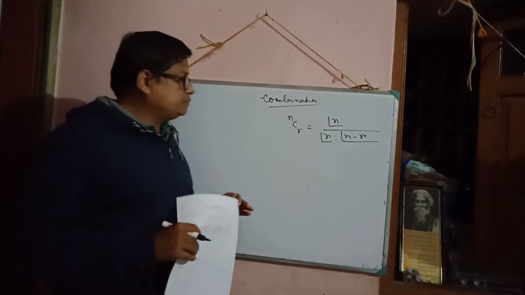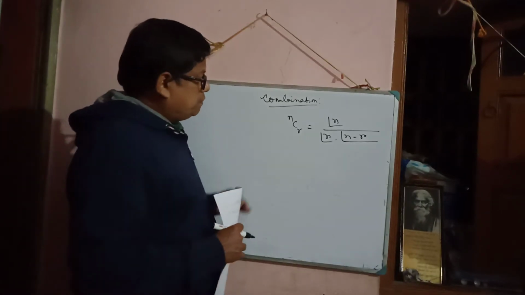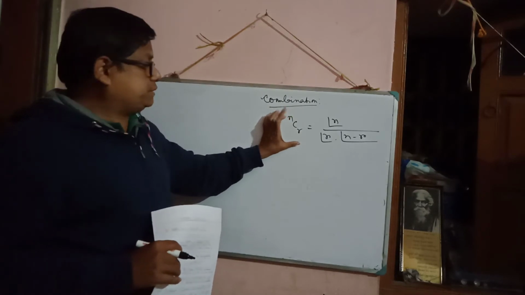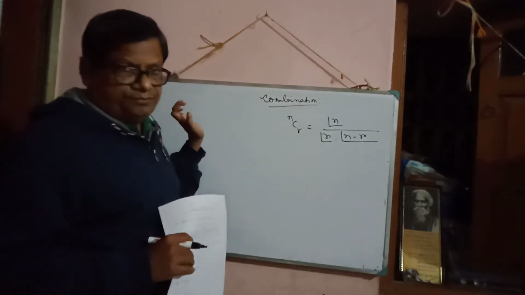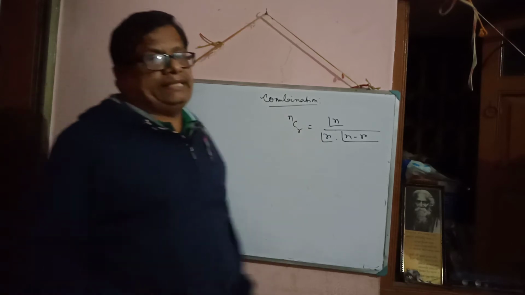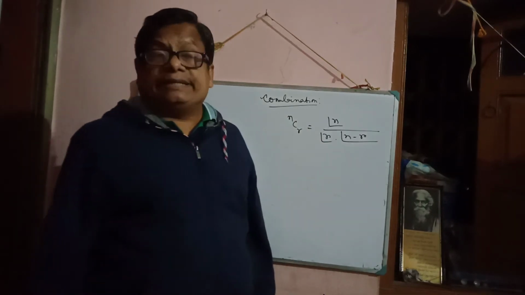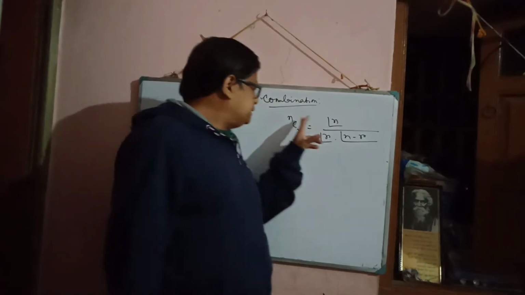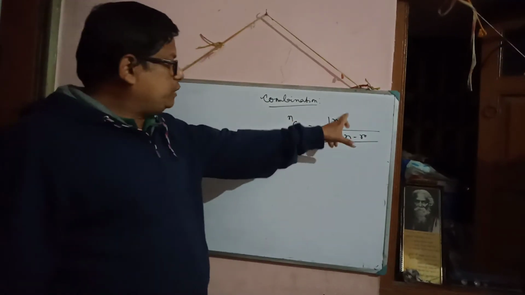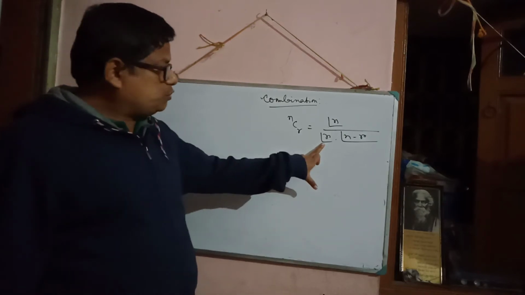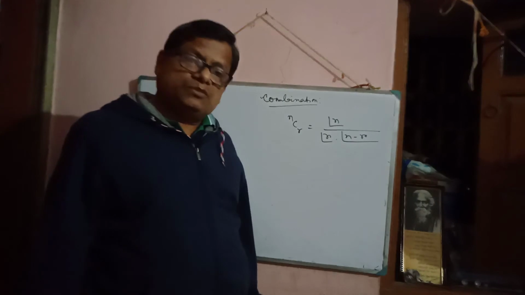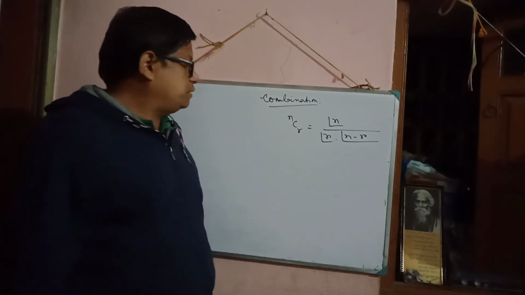Here n is the total number of different objects, taken r at a time. Understood?